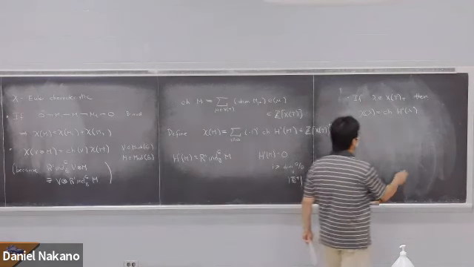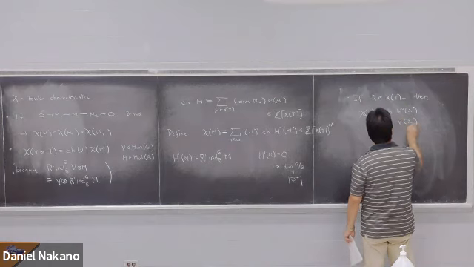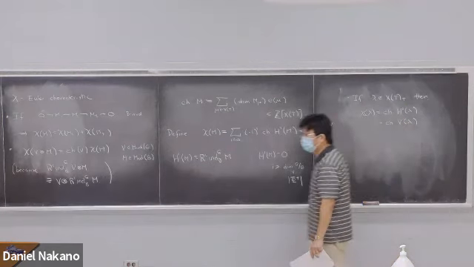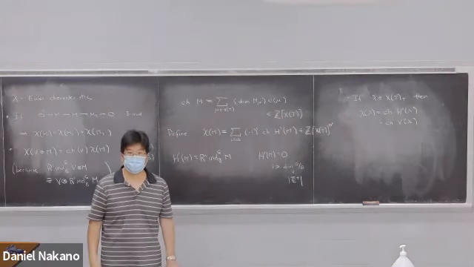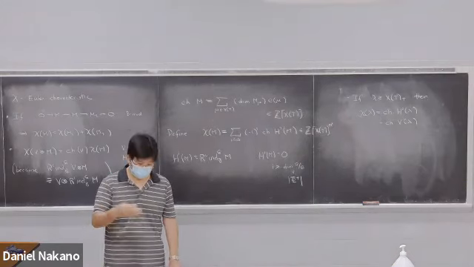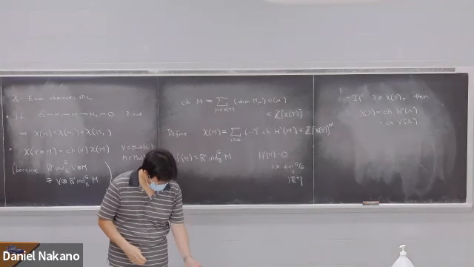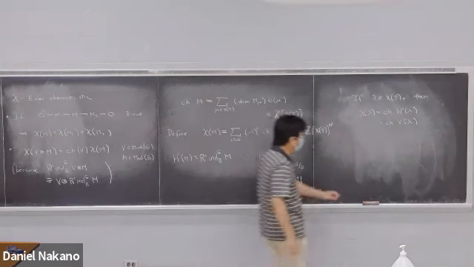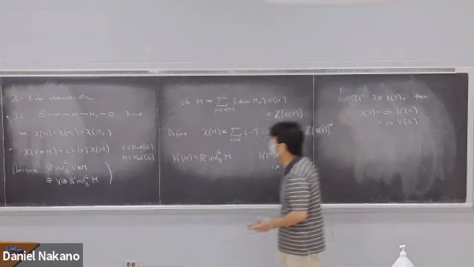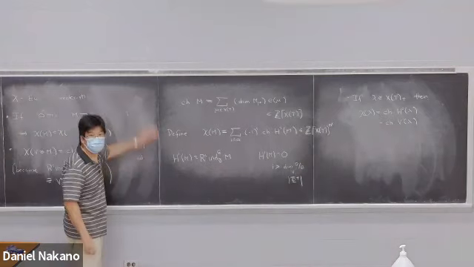And of course, this is the same thing as the character. So in a special case, when lambda is dominant, the Euler characteristic. Okay, so now I want to prove some facts. So let's do that next.